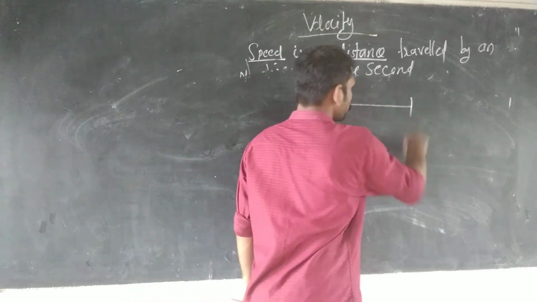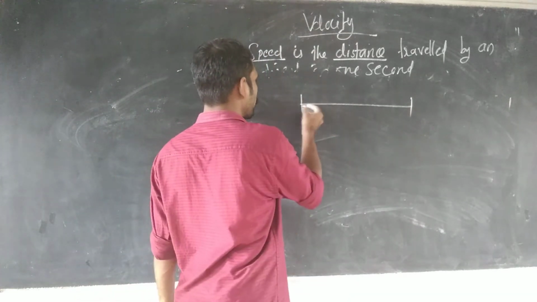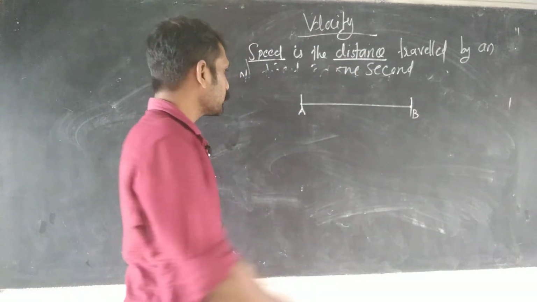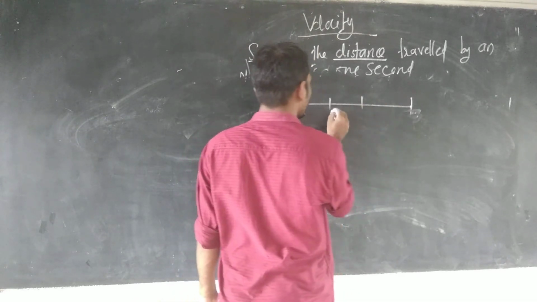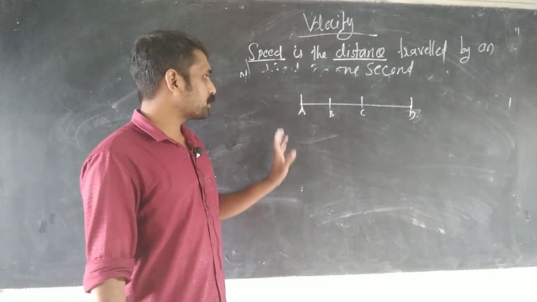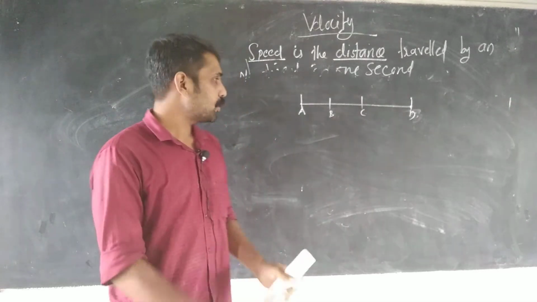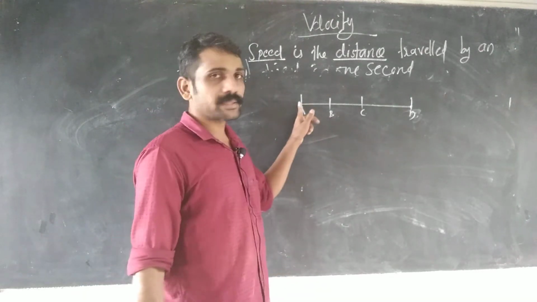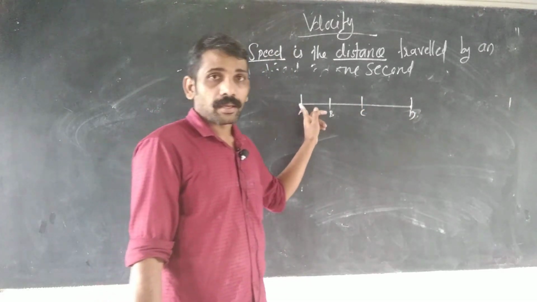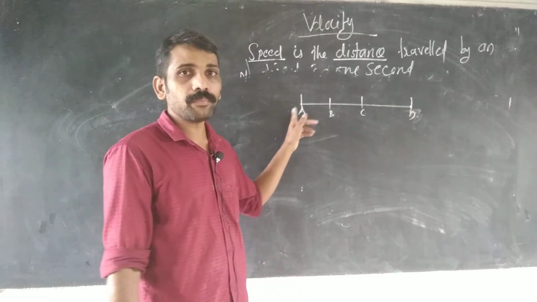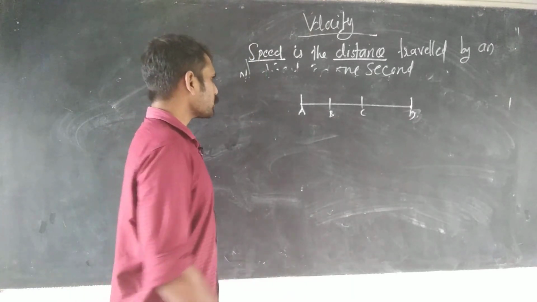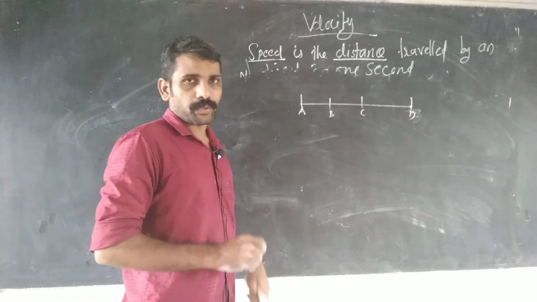Listen here. Suppose an object starts from A to D. The points A, B, C, D are the places. The object is traveling from A to D. This A is the starting point or reference point.